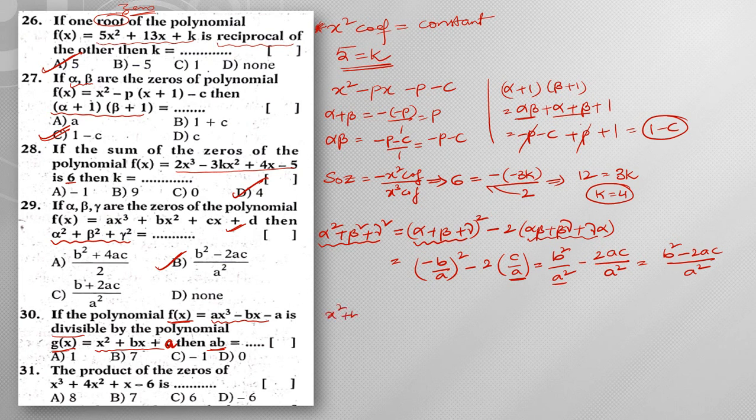After x cube we don't have an x square term, so we add 0x square, minus bx, minus a. Now x square needs to become ax cube, so we multiply with ax. Then this becomes a times x cube plus abx square, and a into ax is a square x.